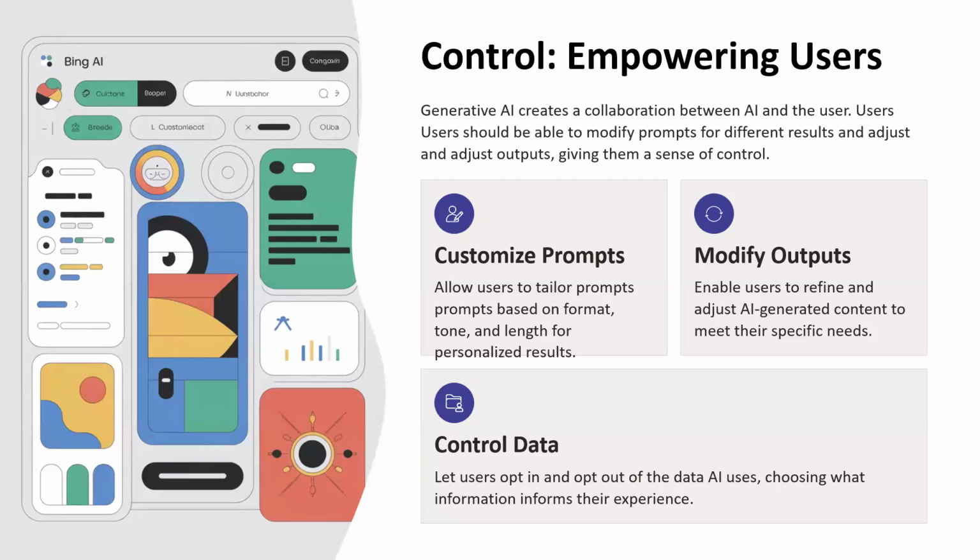And then we talk about control. Control is empowering the users. Giving the users control over how the system works ensures there's a solid collaboration between the AI and the users. So users can modify their prompts for different results and adjust for different outputs, giving them a sense of control.